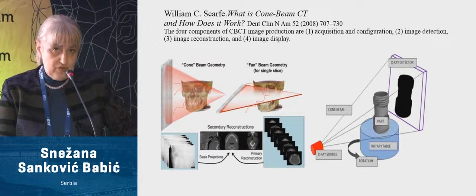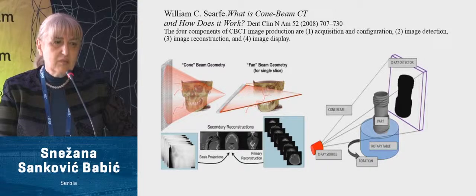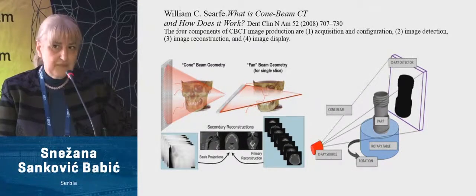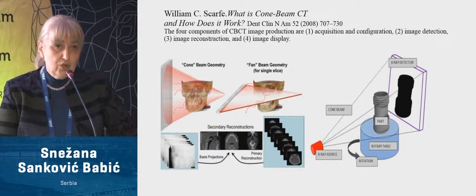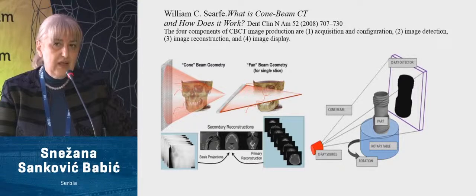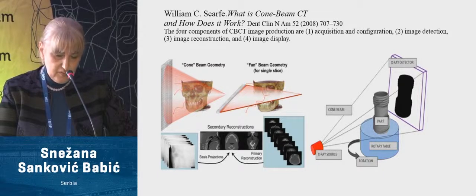Fan beam geometry, which we know as the multi-slice scanner, needs a lot of slices. It is time-consuming and lasts far longer until the computer gathers all data to reconstruct the image.